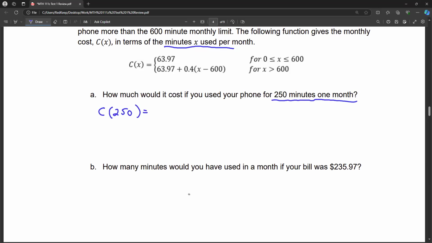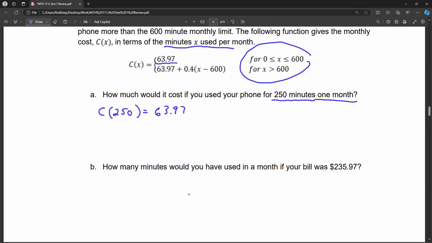So we're using a piecewise function for C of x. So we have to look on the right-hand side and think about where 250 lives in these intervals. And note that 250 is between 0 and 600. Thus, the output will be equal to this guy here, right? And it's actually just equal to 63.97, right? There was no x value associated with that. The output was just 63.97.